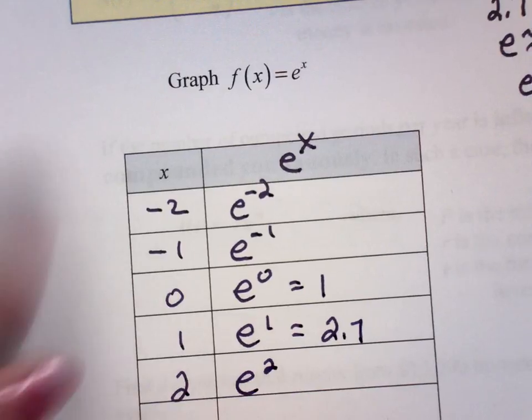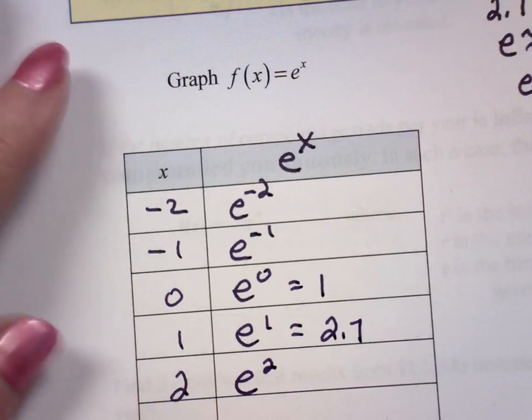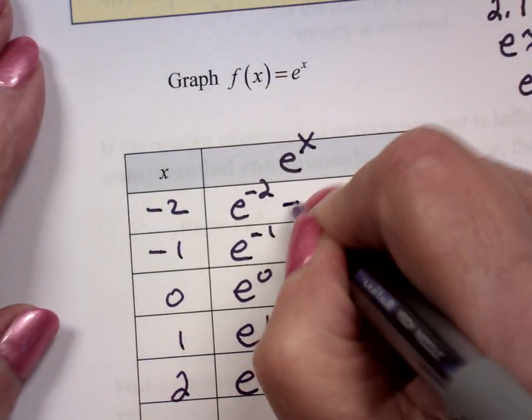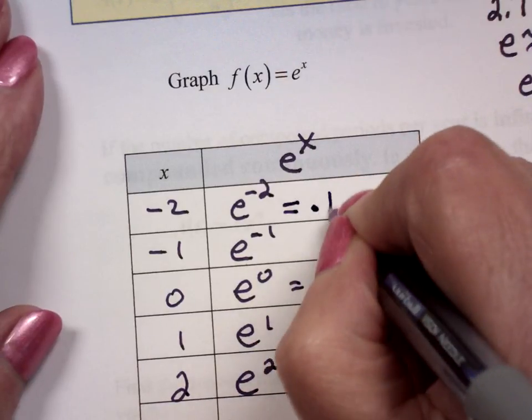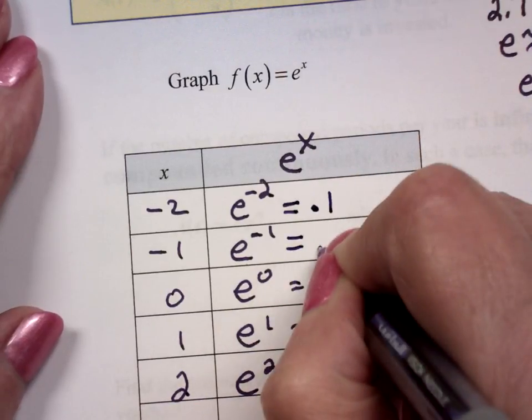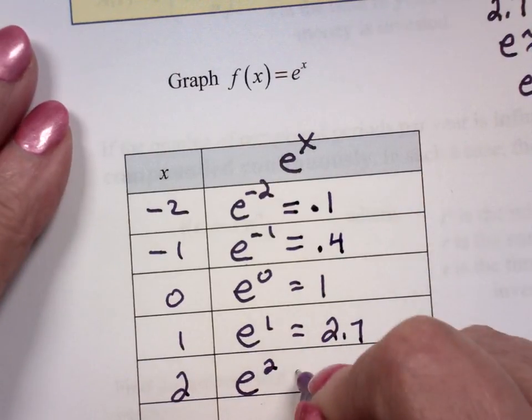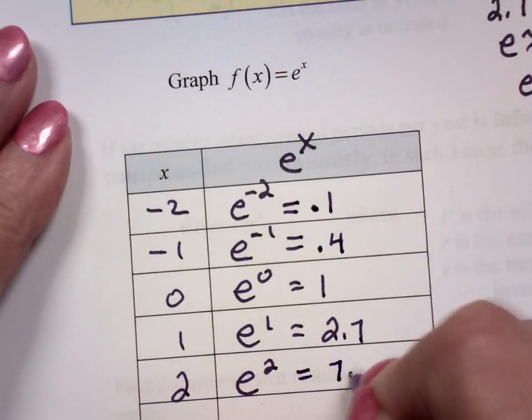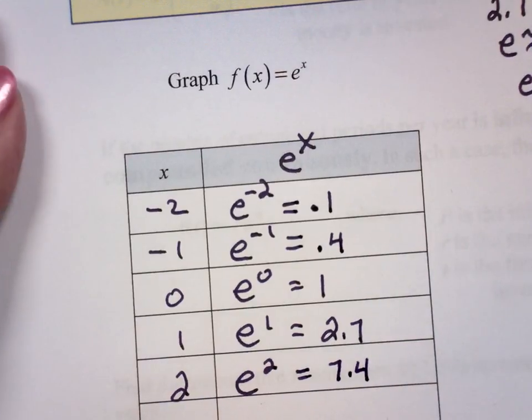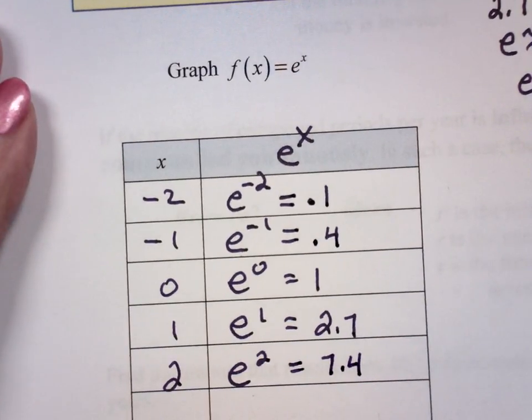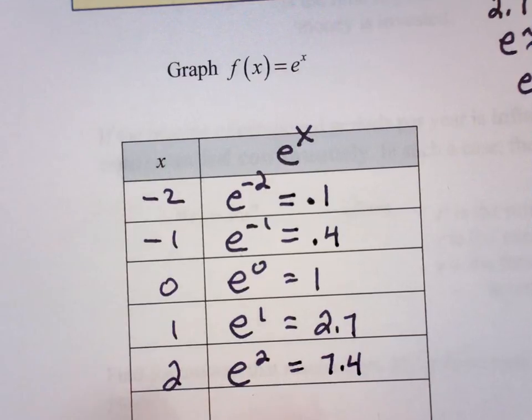Then I put it into my calculator, and we find out that this one is approximately 0.1, this one is approximately 0.4, e squared happens to be approximately 7.4. And I got that using my calculator.